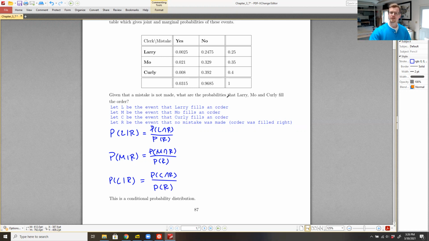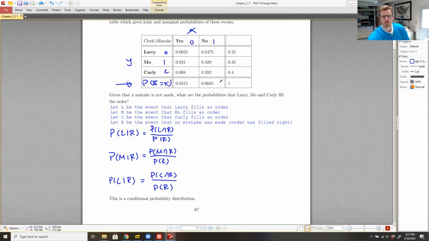If it wasn't clear, in the last section we discussed how this row gives the probability distribution of, I think I labeled these X and these Y, 0, 1, 2, 0, 1. So we could see it as a discrete random variable.